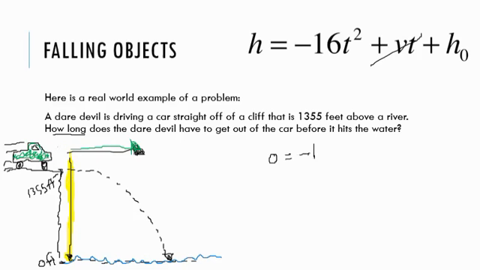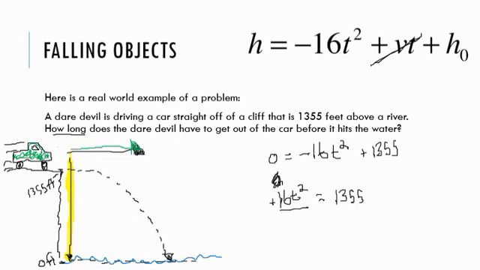So negative 16 t squared. That middle term, again, is not going to be there, so I'm going to go right to my starting height, which is 1355. I'm going to add 16 t squared to both sides and get positive 16 t squared equals 1355.